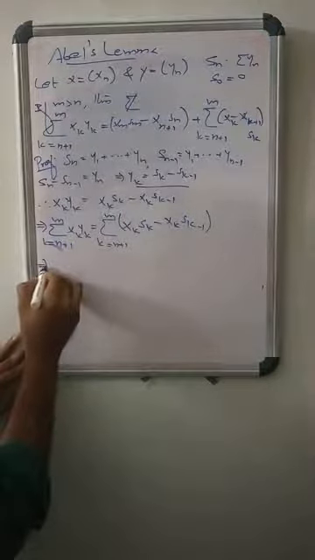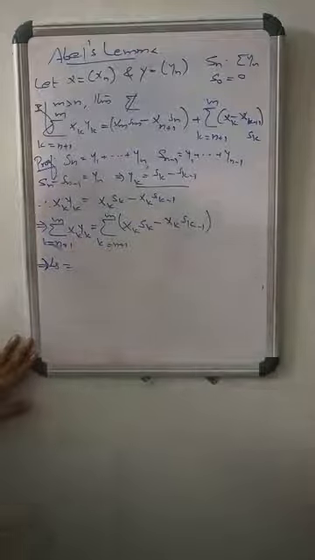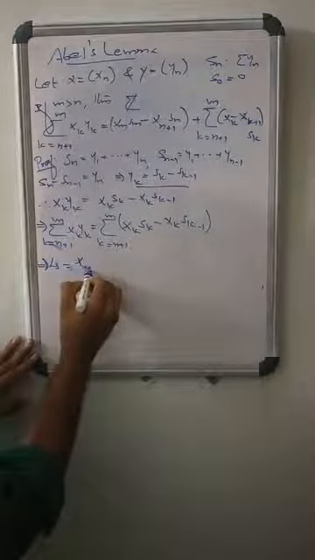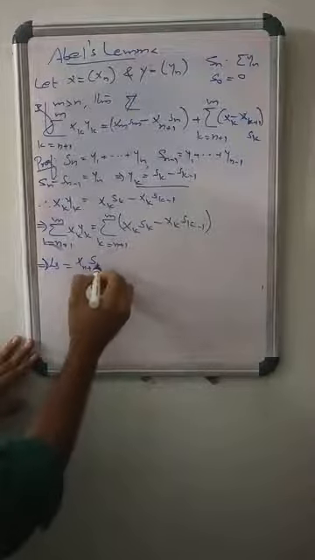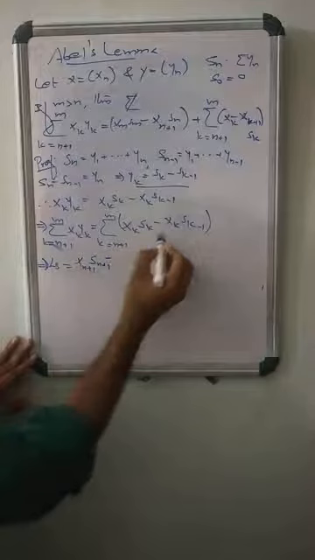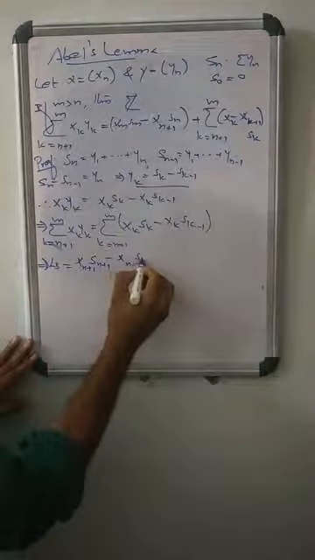Then, opening this bracket and distributing over k: when k equals n plus 1, it is xn plus 1 sn plus 1 minus xn plus 1 sn.